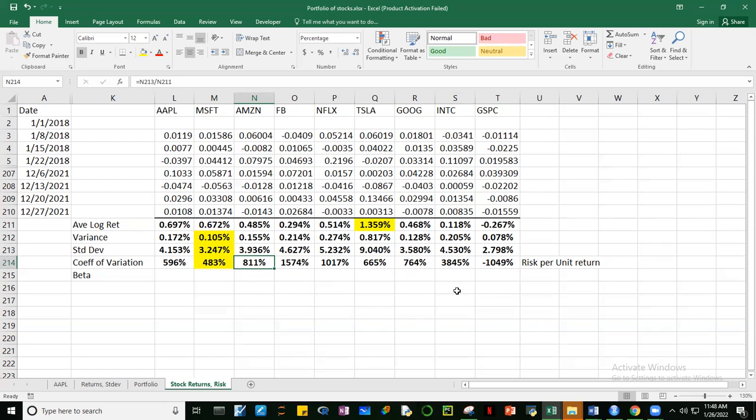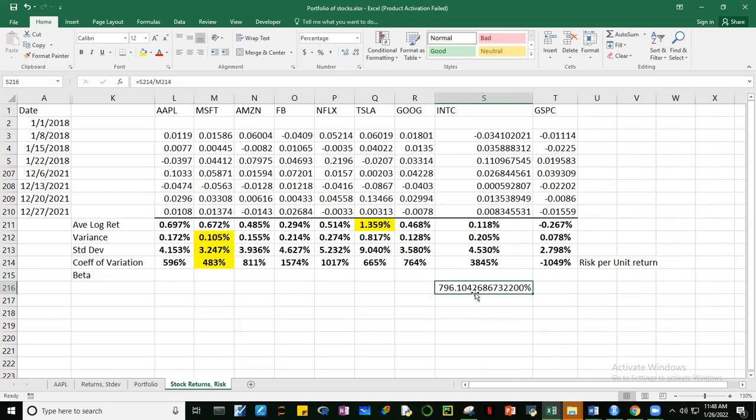So for example, pwede natin sabihin 3845 divided by 483. So that's 7.96, no? Ibig sabihin ba niyan si Intel 7.96 times riskier than Microsoft? Kasi nung dinivide natin si 3845 by 483, the difference is 7 or almost 8 times. So can we say that Intel is 8 times more risky than Microsoft? Okay, we can't say that.